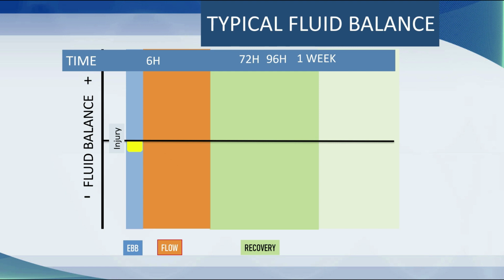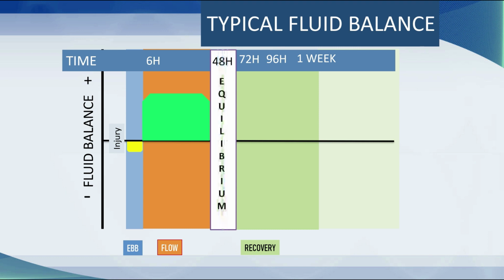Subsequently, once resuscitation starts, they generate a positive fluid balance. After approximately 48 hours, the patients stop retaining fluid and they start to release fluid and everything goes into a state of equilibrium. After 72 hours, the patient starts diuresing off all that resuscitation fluid.